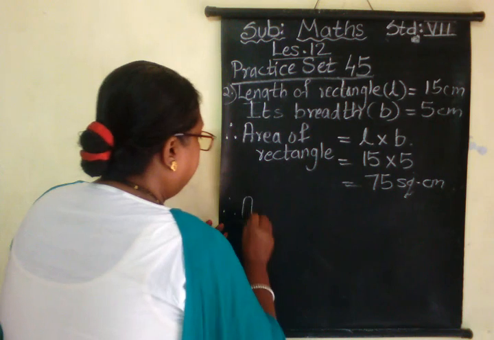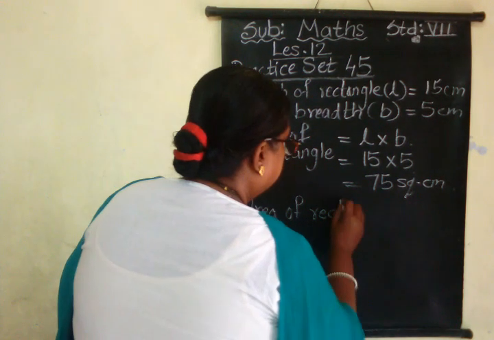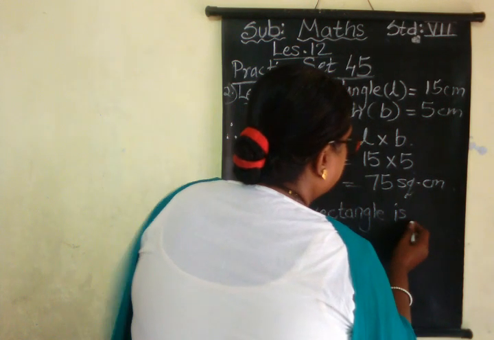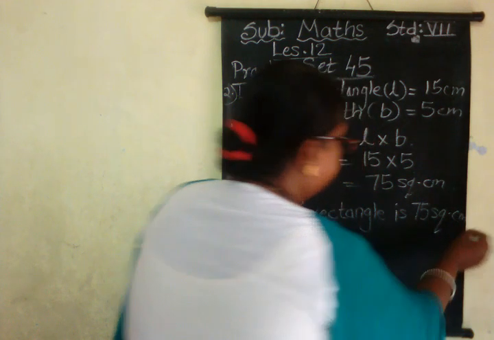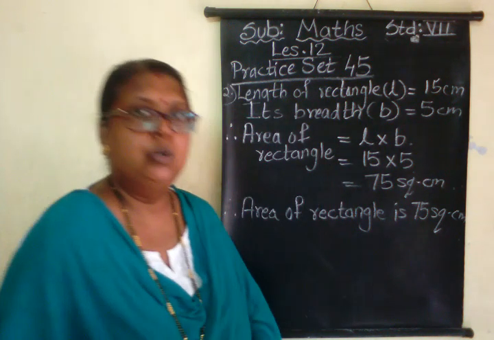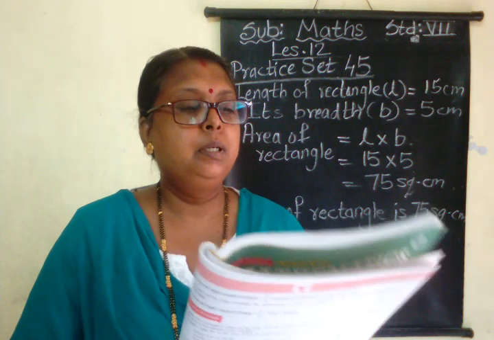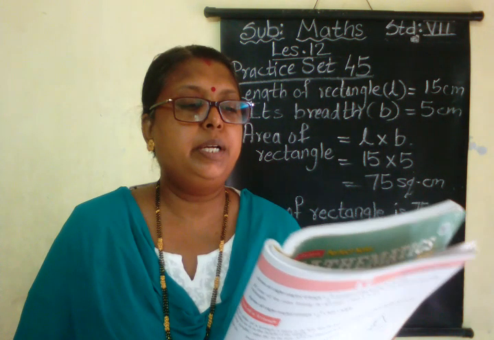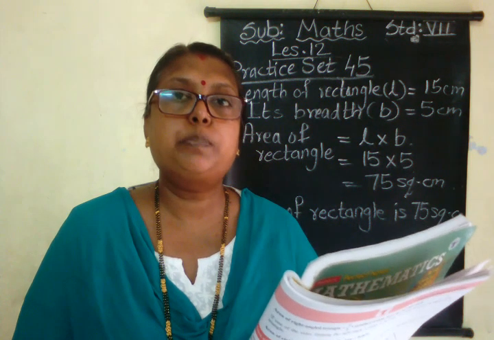Therefore, area of rectangle is 75 square centimeter. Okay. Now let us move on to the third sum. Third sum is: the area of a rectangle is 102 square centimeter. If its length is 17 centimeter, what is its perimeter?